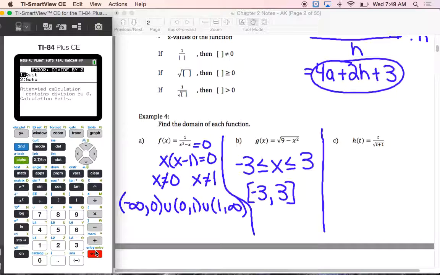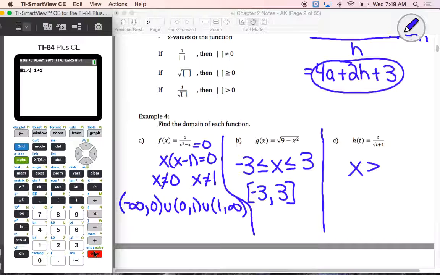Because if you put -1 in, you're going to get a 0 in your denominator. So we can't do that. So when I write my answer, I need to make sure that I don't include -1. So we are saying it has to be everything greater than -1. And I write that in interval notation as -1 to infinity.